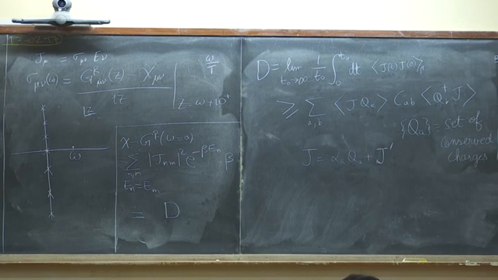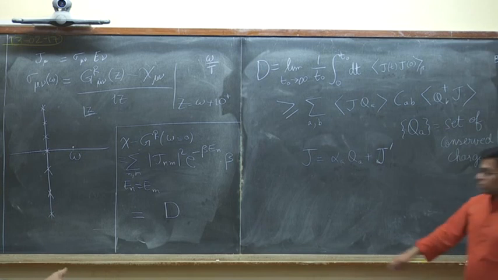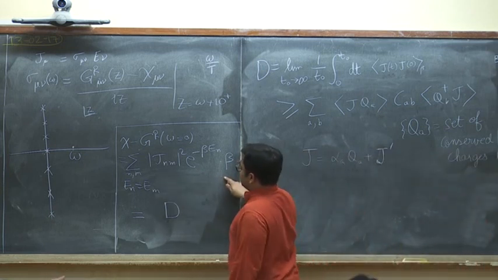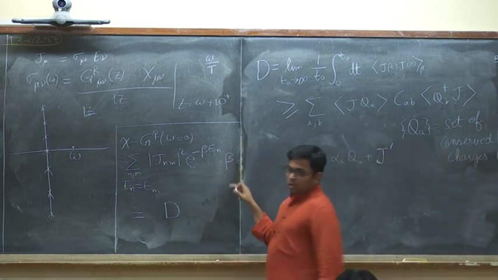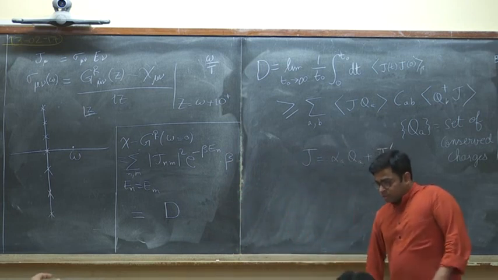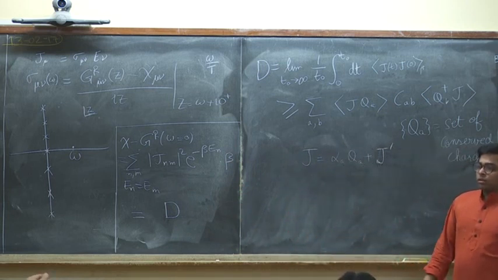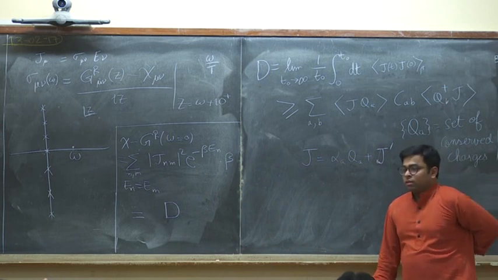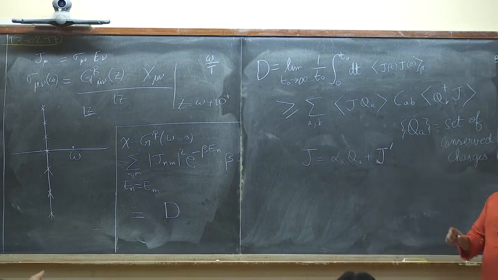But wouldn't they have arrived at that kind of thing from this mode expansion of D? I mean, in the sense that if there are conserved currents, then these are the energy eigenstate matrix elements of J. So you could use presumably the charge eigenstate matrix elements of J. You have the right intuition.